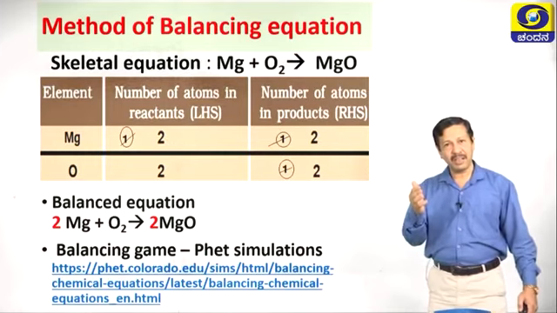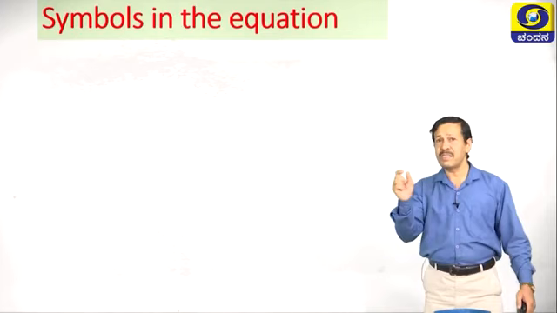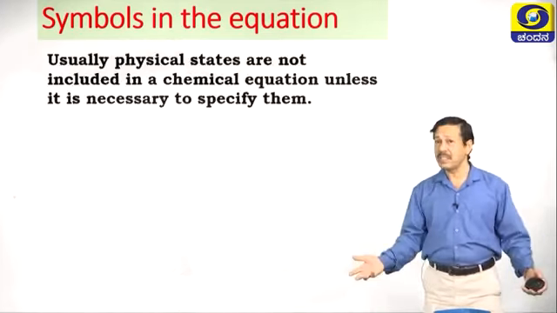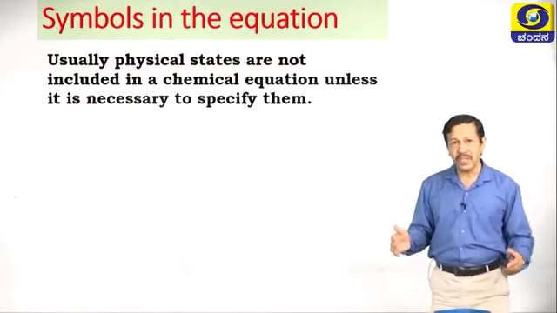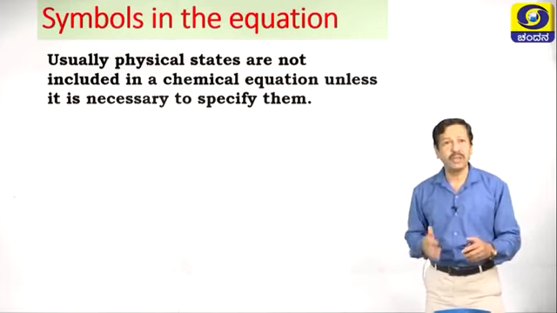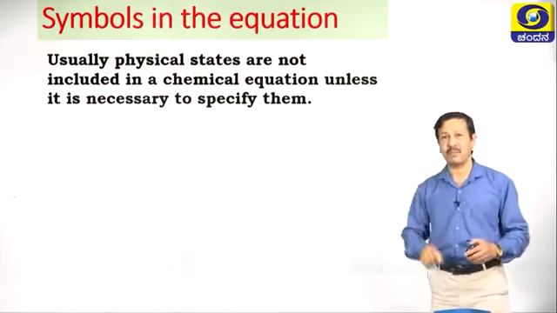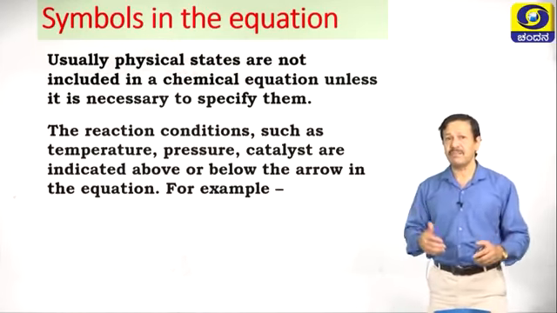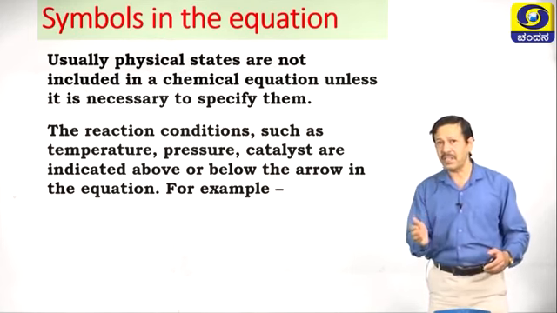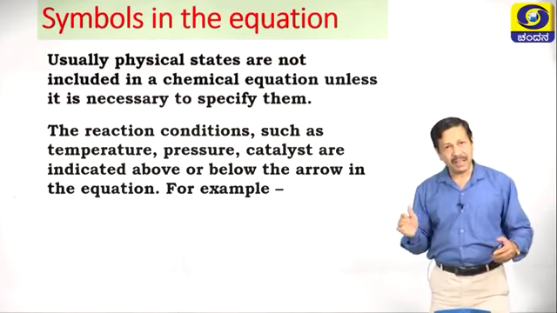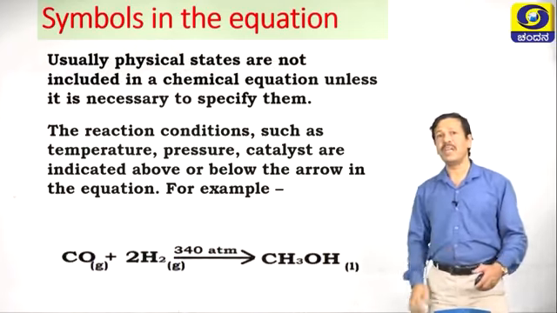Let us move on to the next one, symbols used in the chemical equation. Sometimes we are not representing, sometimes we are representing. Usually physical states are not included in a chemical equation unless it is necessary to specify them. But many times we use reaction conditions such as temperature, pressure, catalyst; they are indicated above or below the arrow in the equation.